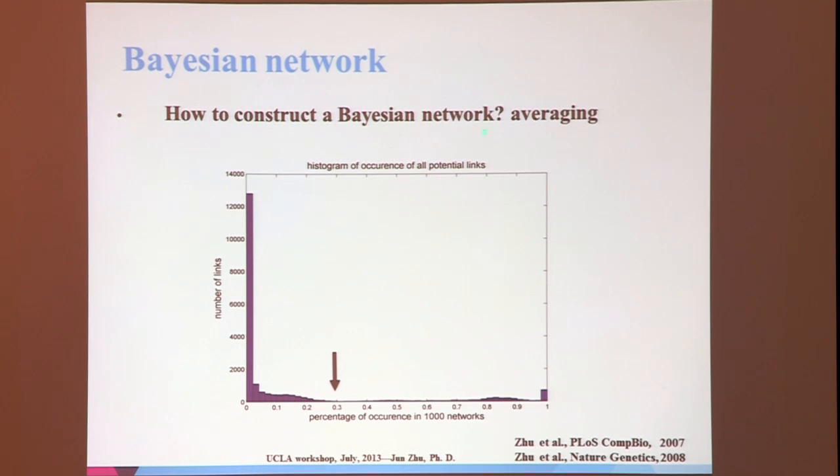Rather than take them one by one, we average them and see which structure is common among these 1,000 structures. Then we can see which one is more likely to be robust information, rather than sporadic or more likely to be a trap in a local minimum.